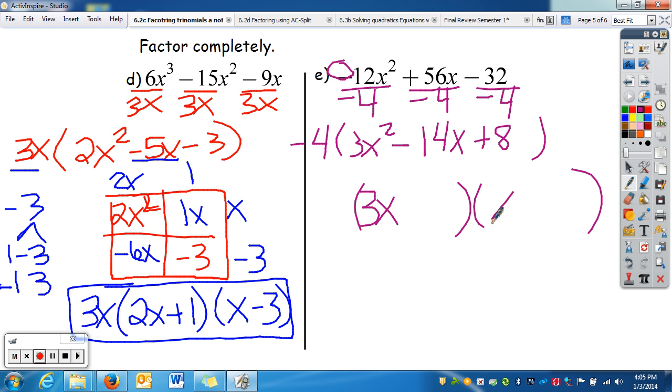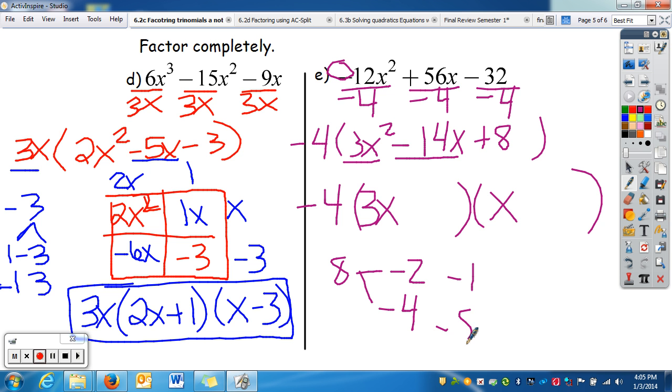We have 3x and x. The reason I know it's 3x and x is that's the only way to get 3x squared. Sometimes there might be more combinations. Alright, so I need factors of 8 to add to negative 14. Now since it's negative, I know I'm going to need a pair of negatives to get positive. And these are my only choices.